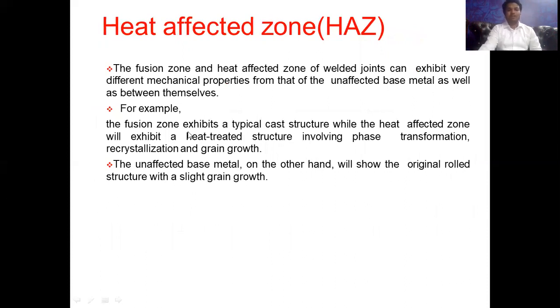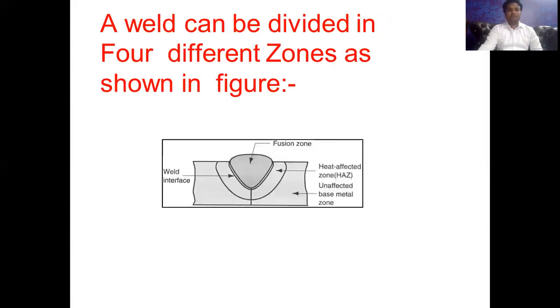The fusion zone and heat affected zone of the weld joints can exhibit very different mechanical properties from that of the unaffected base metal, as well as between themselves. When you look at the cross section of the weld, your fusion zone has different mechanical properties, the heat affected zone has different mechanical properties, and also the unaffected base metal.